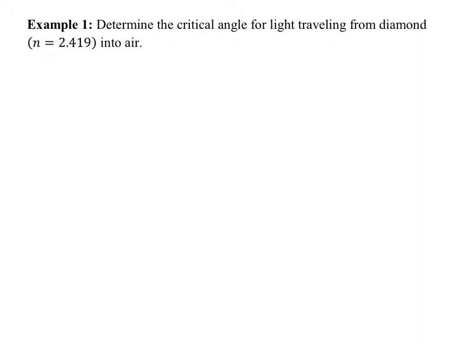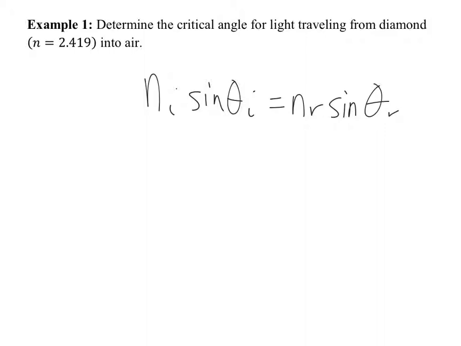But if you wanted to see the solution for it, the idea is to start with Snell's law again. Ni sine theta I equals Nr sine theta R. Or you could go right away and put a 90 in here for theta R, because that's what you're looking for. You're trying to find the critical angle.